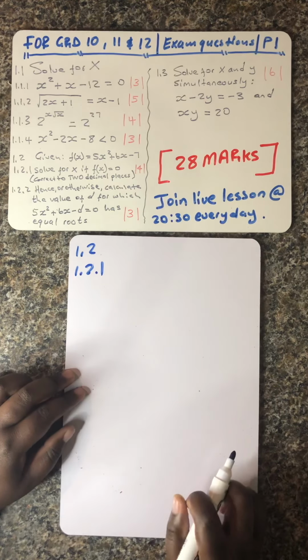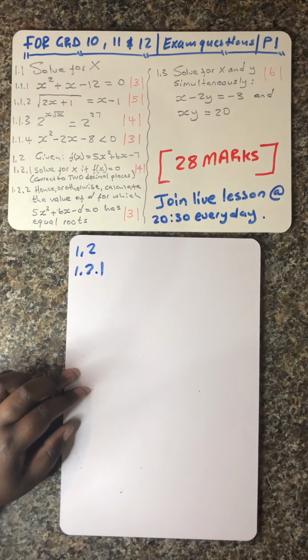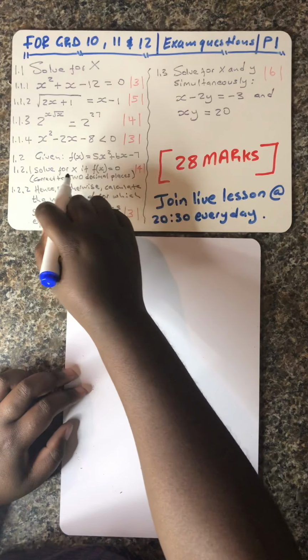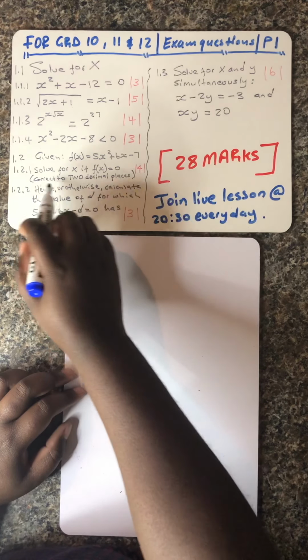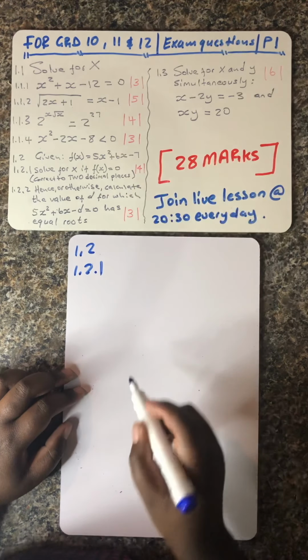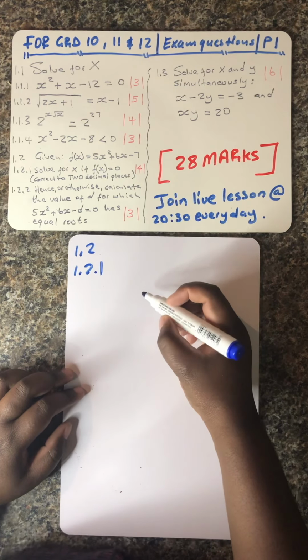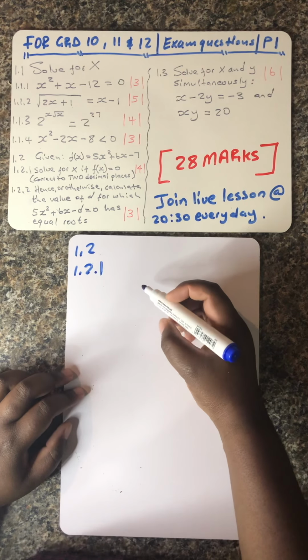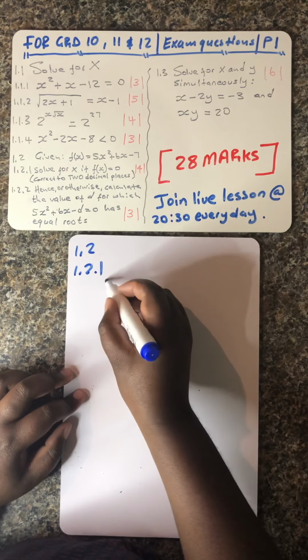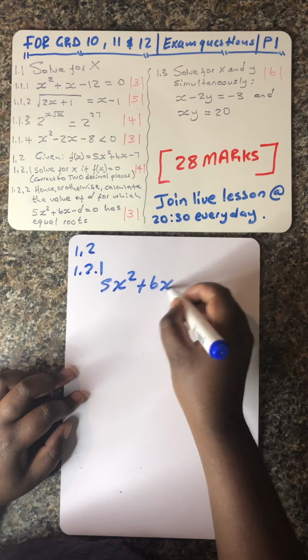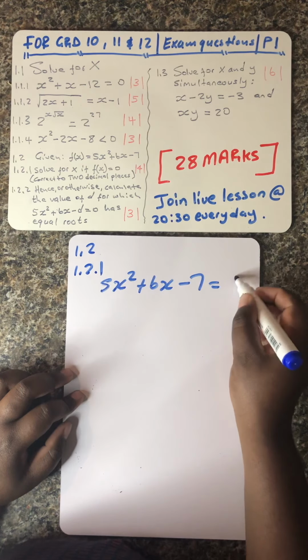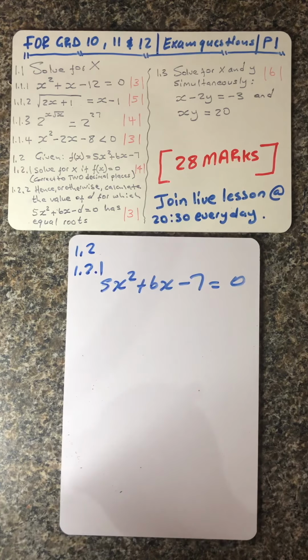So question 1.2.1 says solve for x if f of x is equals to 0, and they say correct to 2 decimal places. This question is allocated 4 marks. Okay, so that means 5x squared plus 6x minus 7 is equals to 0.